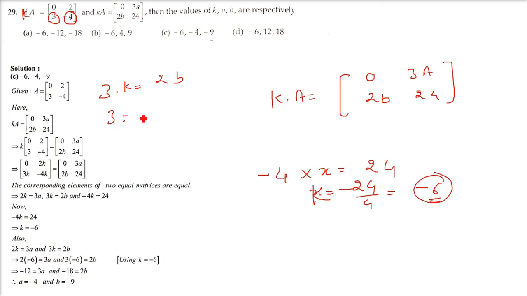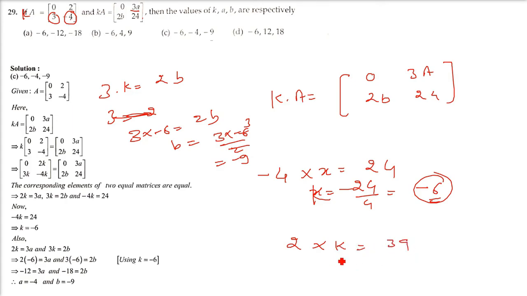So b will be equal to 3 into minus 6 by 2. 2 3s are 6, minus 9. b is minus 9. And what is 3? 2 multiplied by k is 3. And a is 2 into minus 6 divided by 3. 3 2s are 6. It is going to be negative 4. So this is how the values of k, a and b have come.